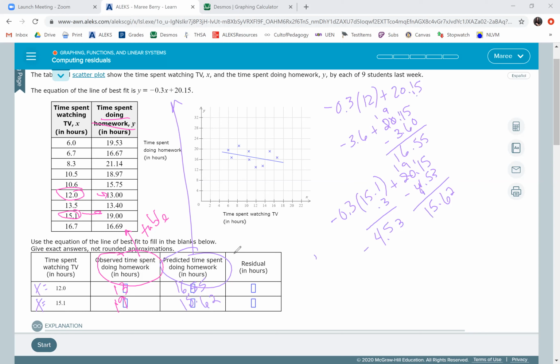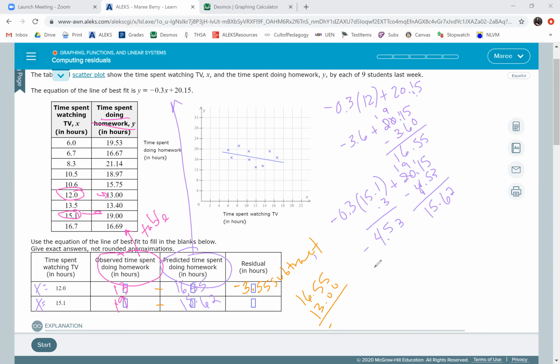Okay, the residual then is the first one minus the second one. So just subtract. So if we do 13 minus 16.55, we're going to get a negative number, and it's negative 3.55.